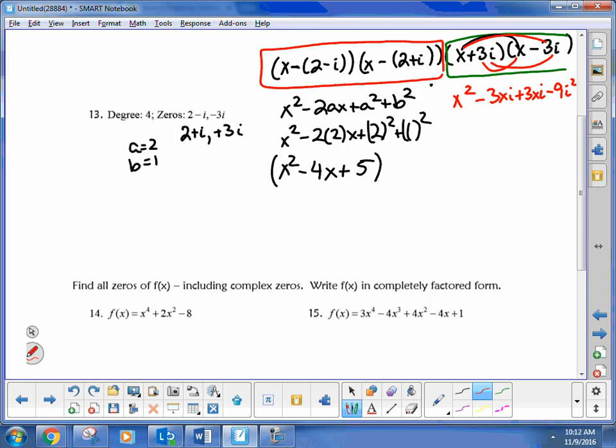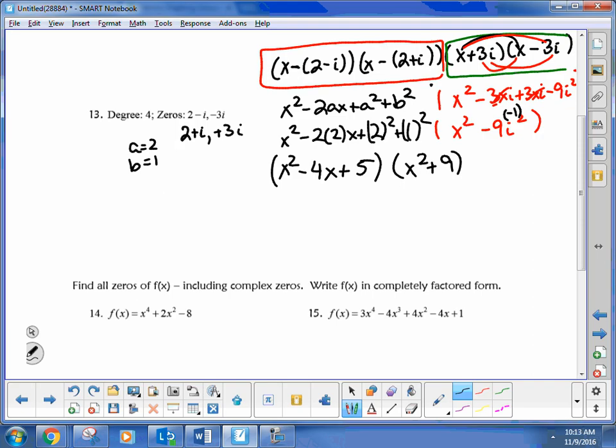So what we get from here on this part, x squared, these middle terms, they cancel out. That comes out being negative 9i squared. But the last part of it, now we're going to switch back to black, is that the i squared is really negative 1. So that means that becomes positive. Just like that.